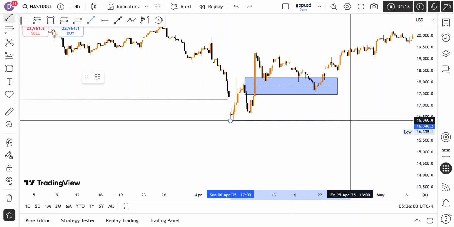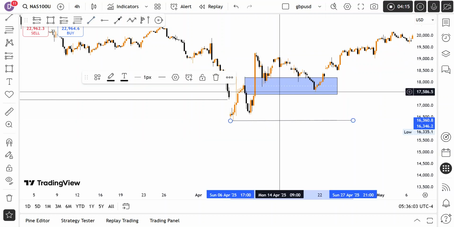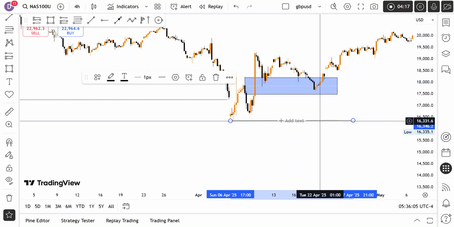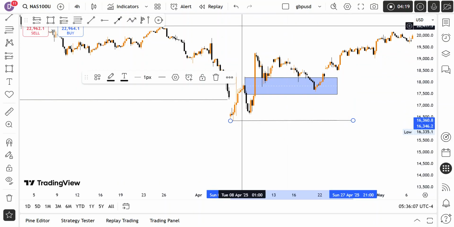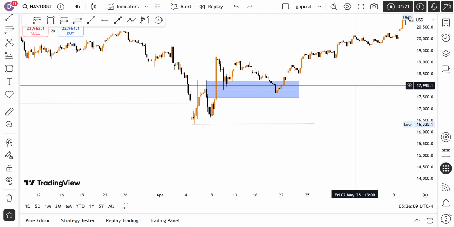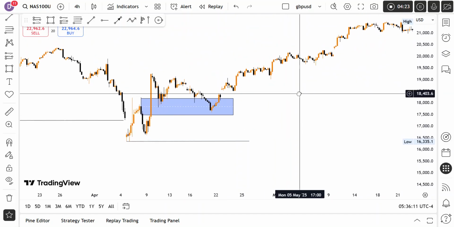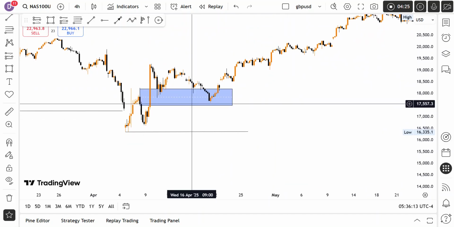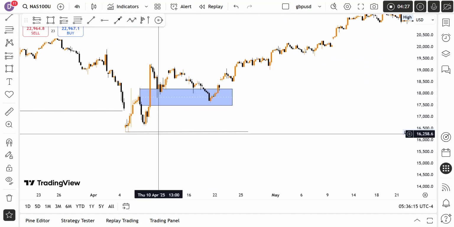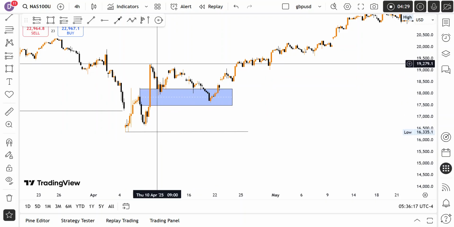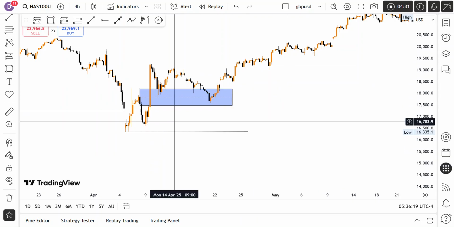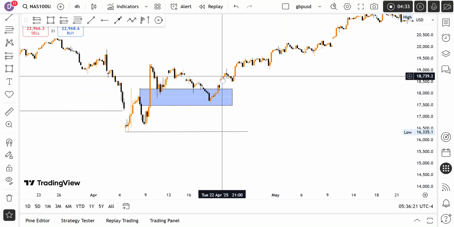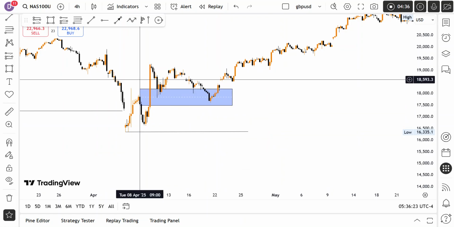If the market comes back down and then breaks this zone, now we are in the continuation zone again, in this interval inside here and here.